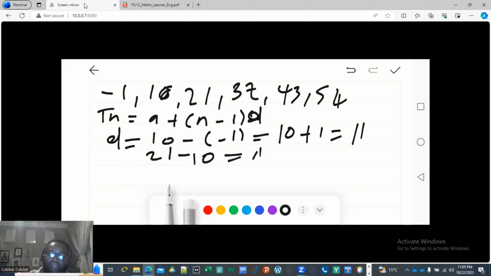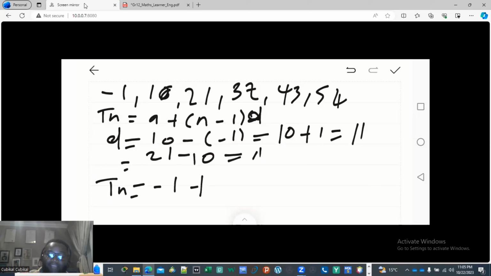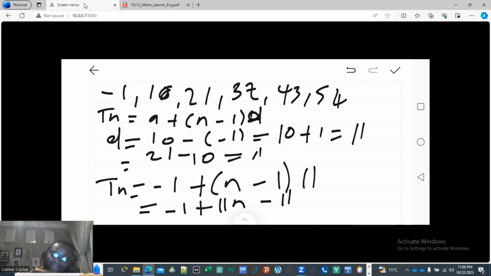We are also getting 11, which means the common difference is 11. So to solve Tn, we're going to say it's -1 plus n minus 1 multiplied by 11, and we're going to get -1 plus 11n minus 11. So we're going to get 11n minus 12 as your general term.